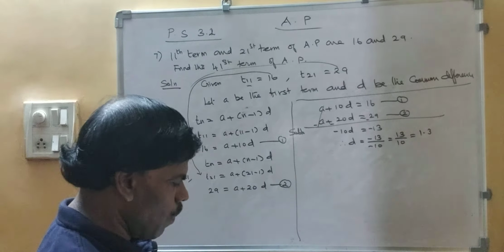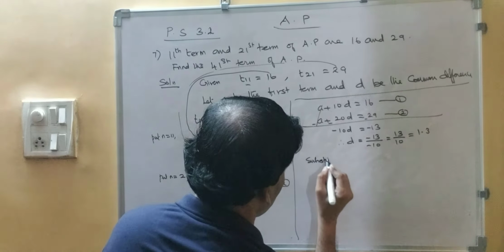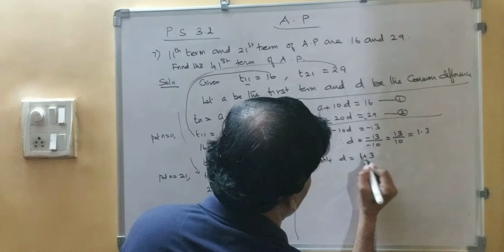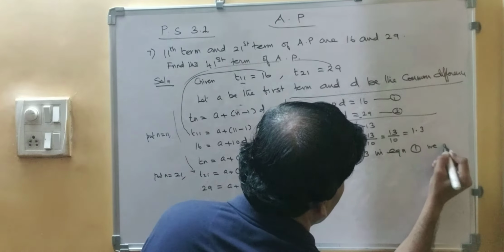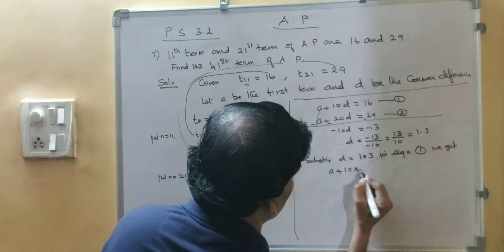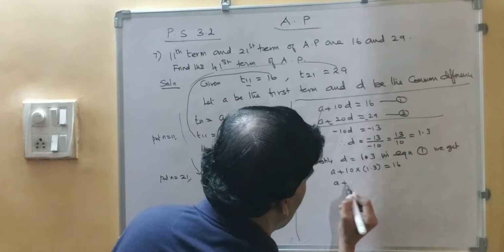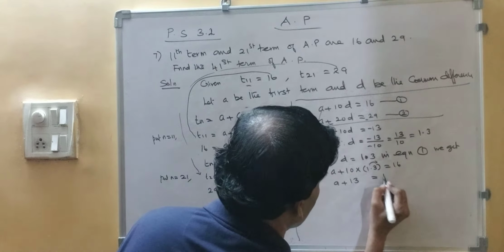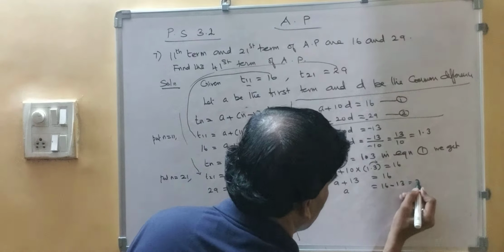Now substituting D equal to 1.3 in equation 1, we get A plus 10 into 1.3 equal to 16. So A plus 13, the decimal will go here, equal to 16. So A equal to 16 minus 13 equal to 3.